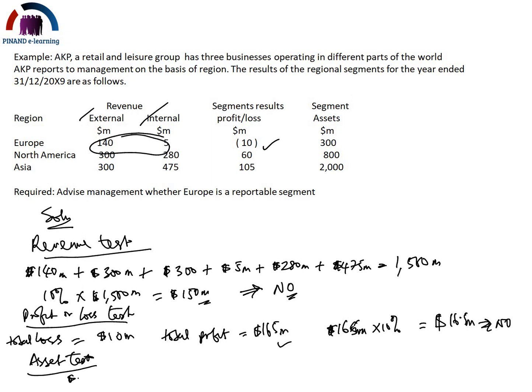That is 300 million plus 800 million plus... now if I total all of these, this will give me 3,100 million. 10% of this is going to be 310 million. Now, what's the total asset of Europe? 300 million. 300 million is less than 310 million, so no, still doesn't cross that test.